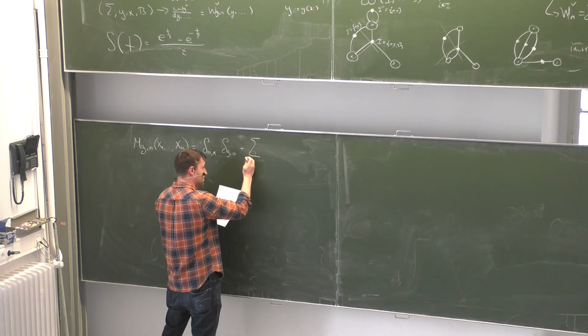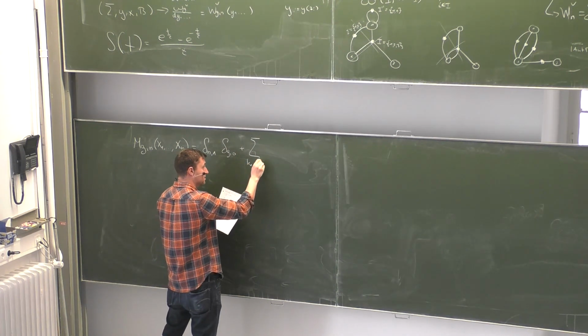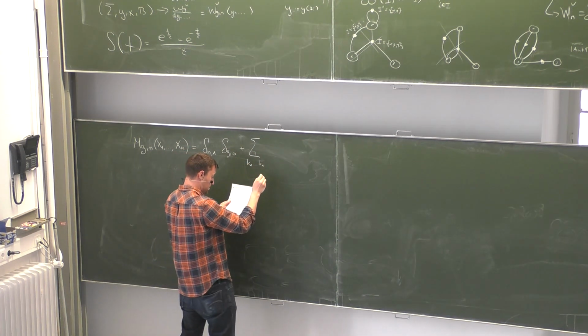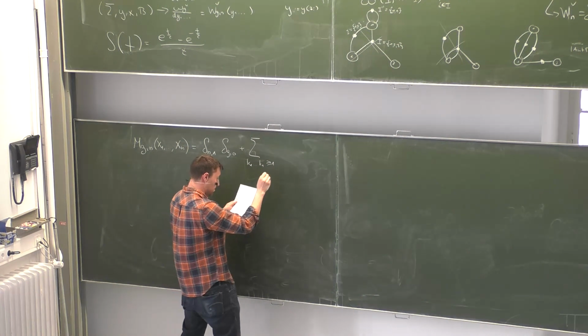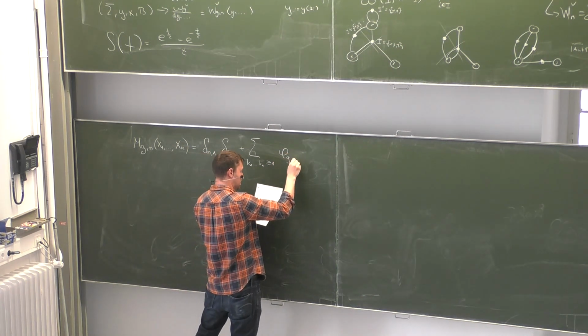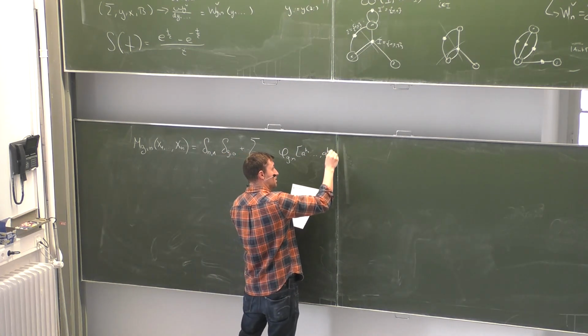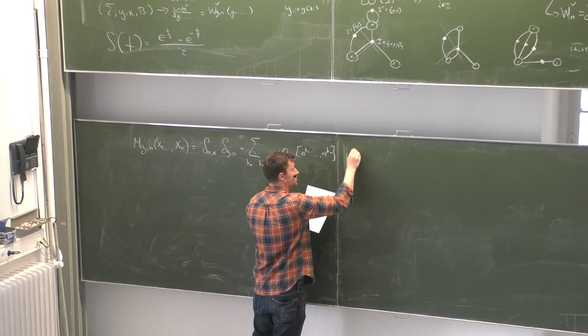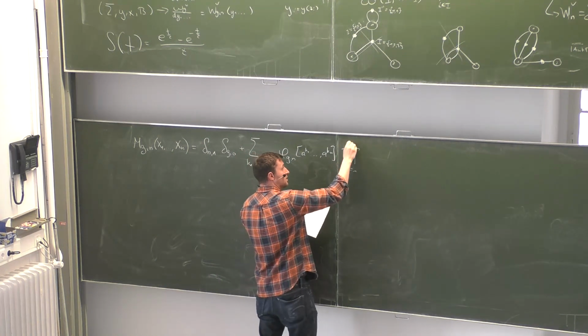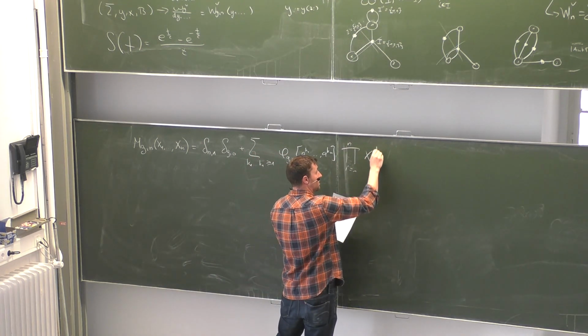And by G_n, K_n, and here we have the product over i to n of x_i^{k_i}.